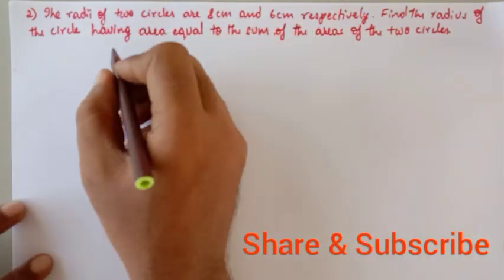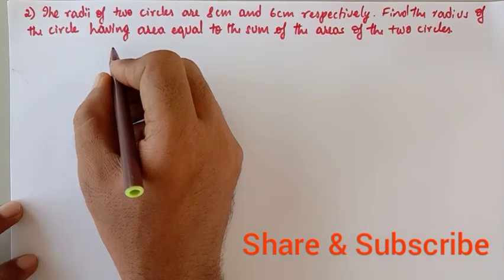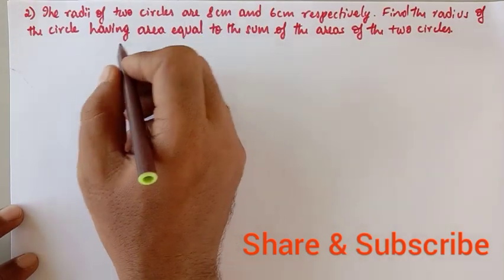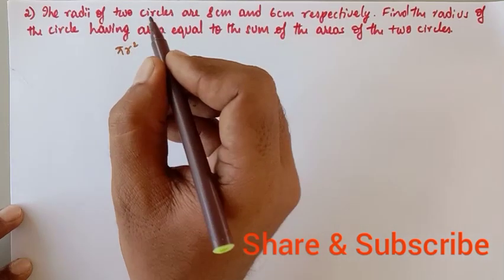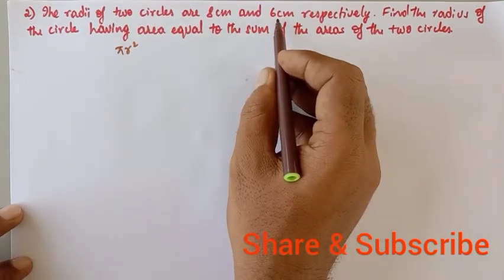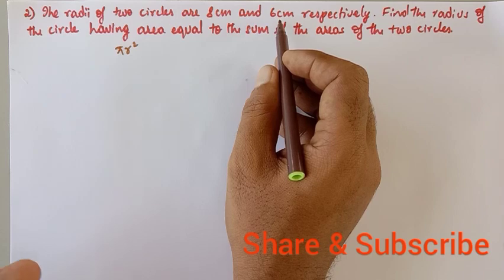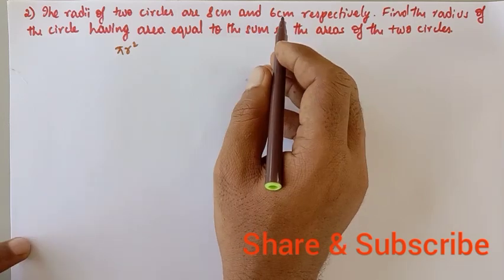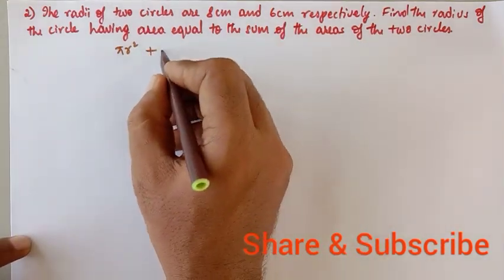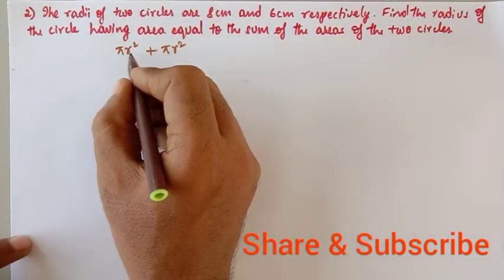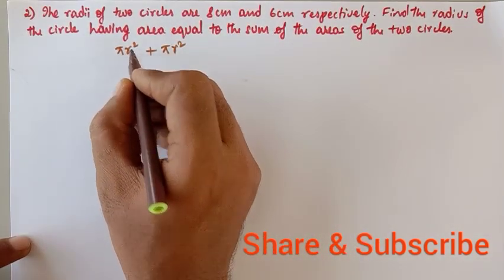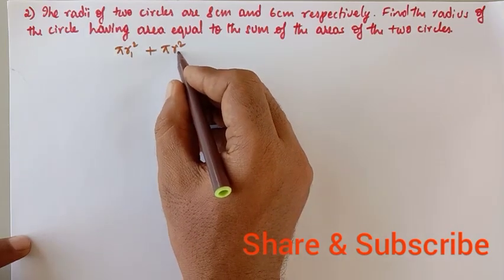The formula to calculate the area of the circle is pi r square. And for the second circle with 6 centimeter radius it is the same formula, pi r square. So I will write r1 square and here r2 square.